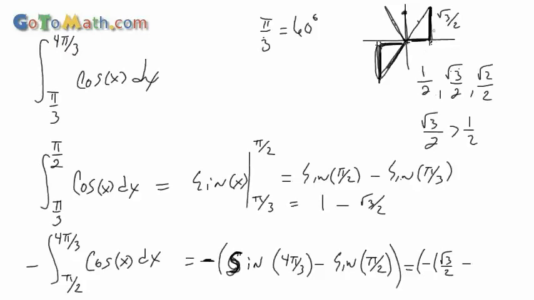Now sine of pi halves is going to be, this is pi halves right here, and that's just going to be 1, right? Because that's your y value. We're up here. All right, so that's just going to be 1. Okay, and then of course we distribute this.